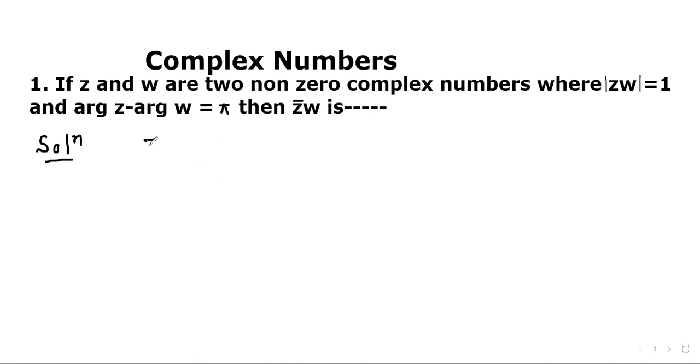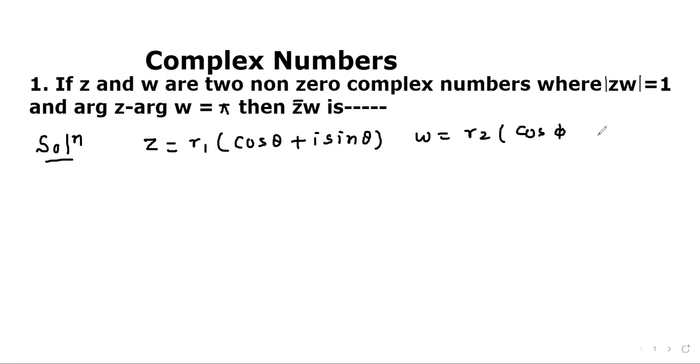Let Z equal to R1 times cos theta plus iota sine theta, and W equal to R2 cos phi plus iota sine phi.